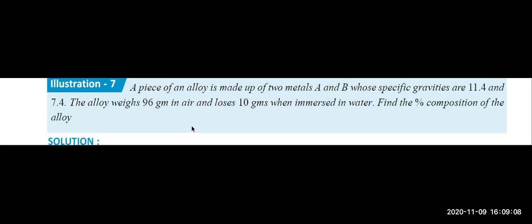A piece of an alloy is made up of two metals, A and B, whose specific gravities are 11.1 and 7.4. The alloy weighs 96 gram in air and loses 10 gram when immersed in water. So just try to figure out what is given. Try to solve step by step.